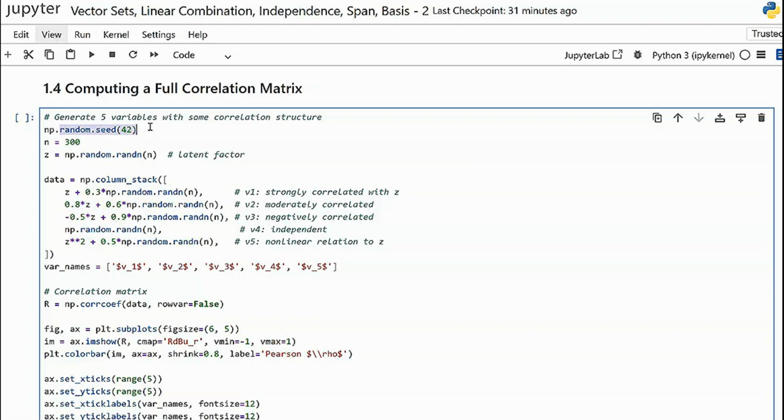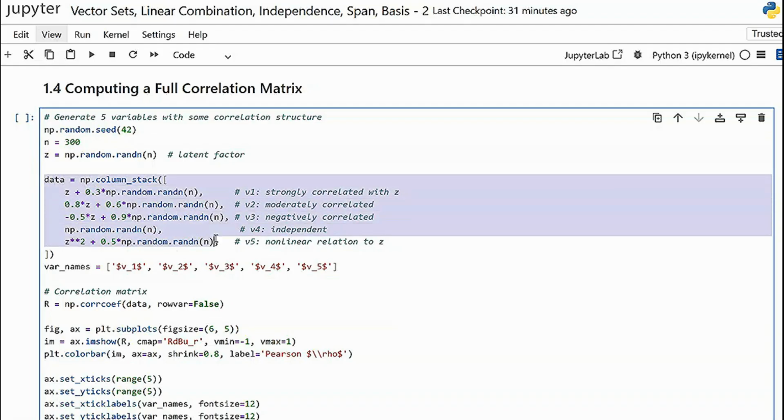We begin by generating a latent variable z. This latent factor is a hidden factor that will influence multiple variables, creating correlations. And of course we construct 5 variables: v1, v2, v3, v4, v5.